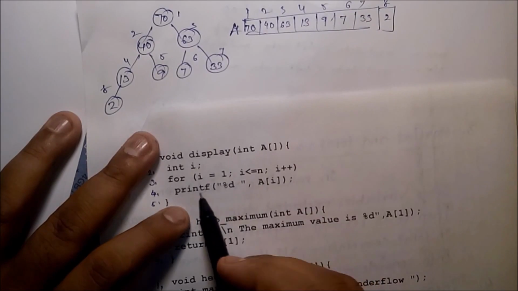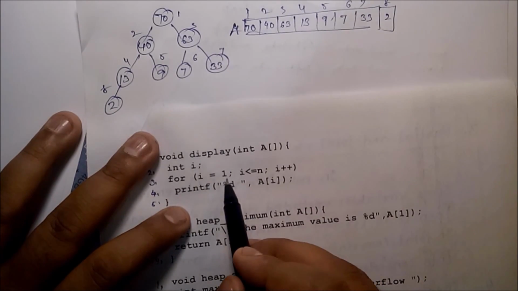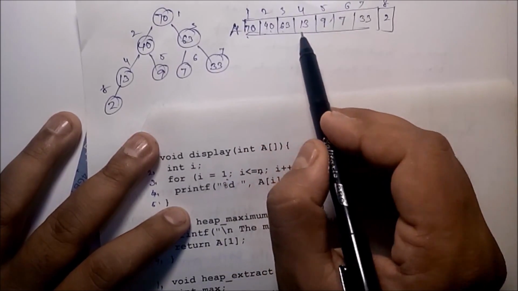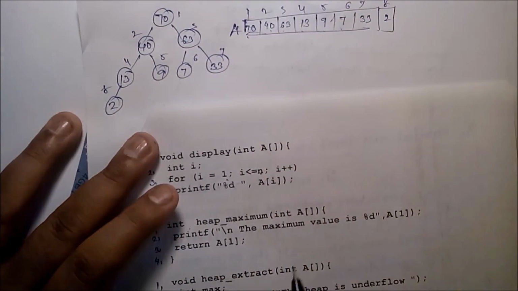So 8 elements are there. You just display the array from 1 to n, so it will display 70, 40, 63, 13, 9, 7, 33 and 2.